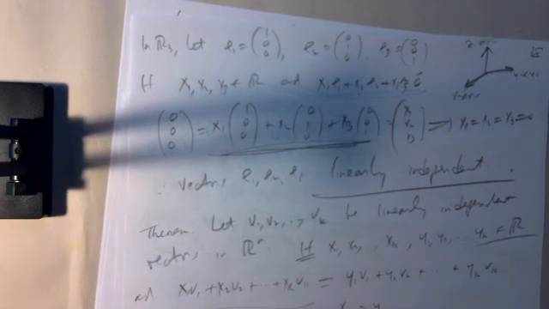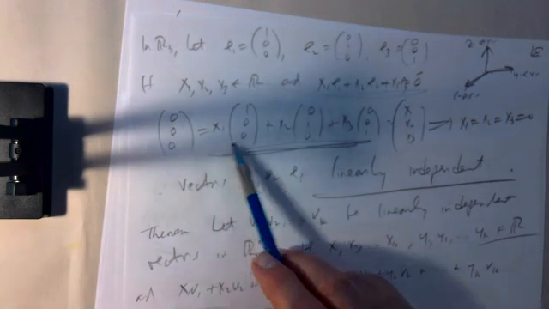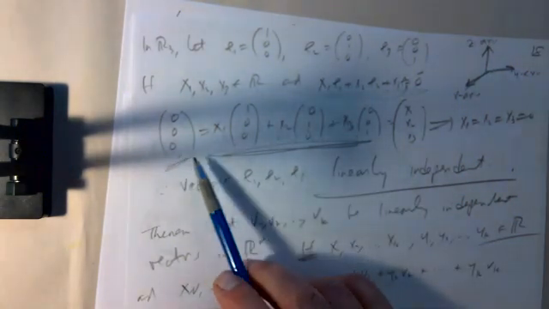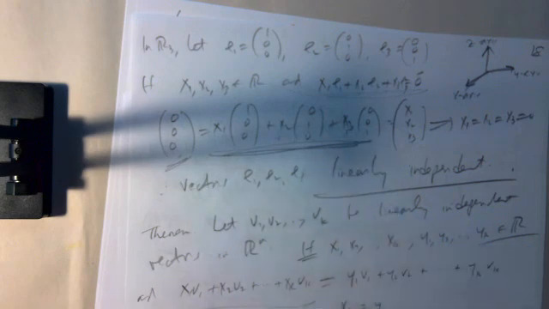But the E1, E2, and E3 are linearly independent because they have the one inside of it, right? No, they're linearly independent because the only linear combination of them that gives the 0 vector occurs when all three numbers, x1, x2, x3, are 0.